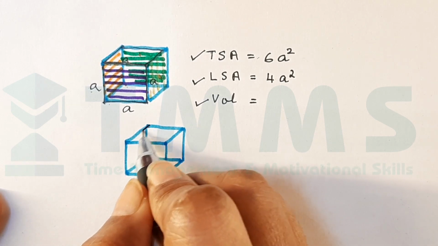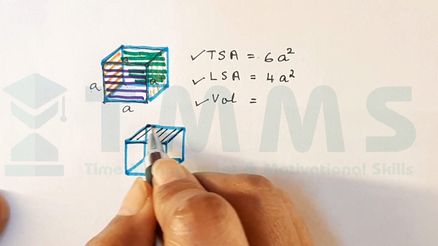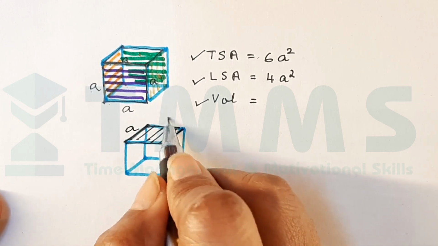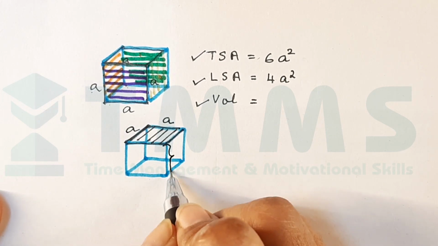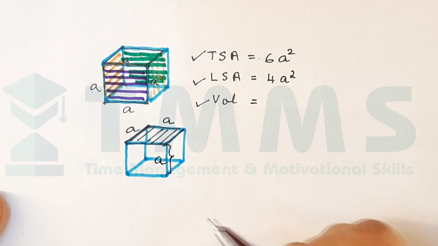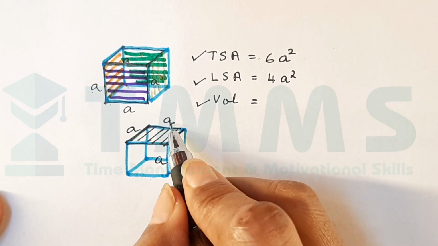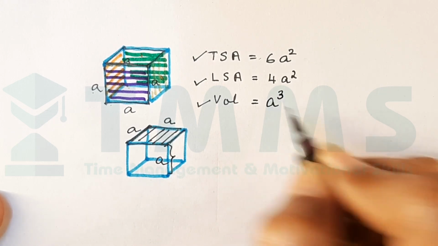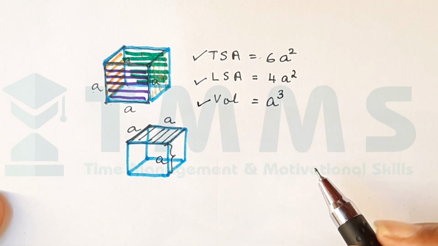Now, area of cross section, you can look at it this way, that if this is the area of cross section, it will be A multiplied by A and then multiplied by the height of it, which is again A. So you will have volume equal to A multiplied by A multiplied by A, and that becomes A cube. So we understood volume formula also well.